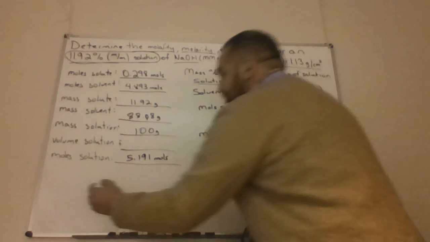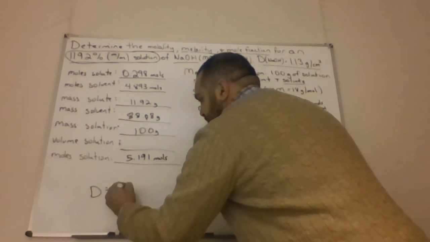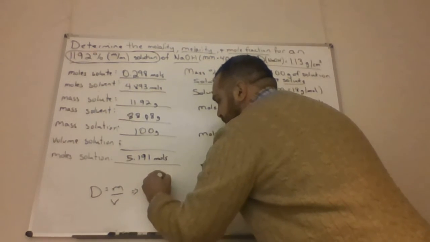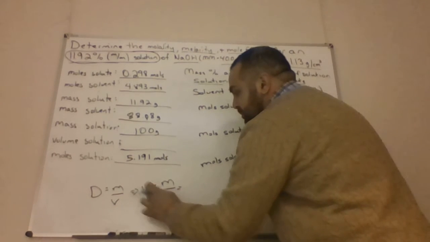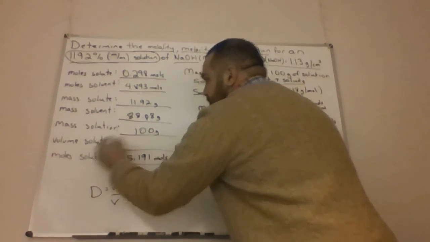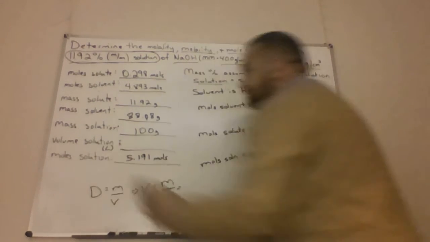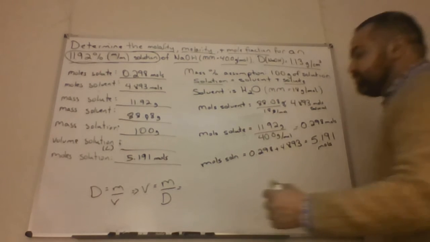So now to find the volume of solution, remember density equals mass over volume. Therefore, volume equals mass over density. Now remember, this volume is going to be in milliliters. But the volume of solution we need to be in liters, because molarity is moles per liter.